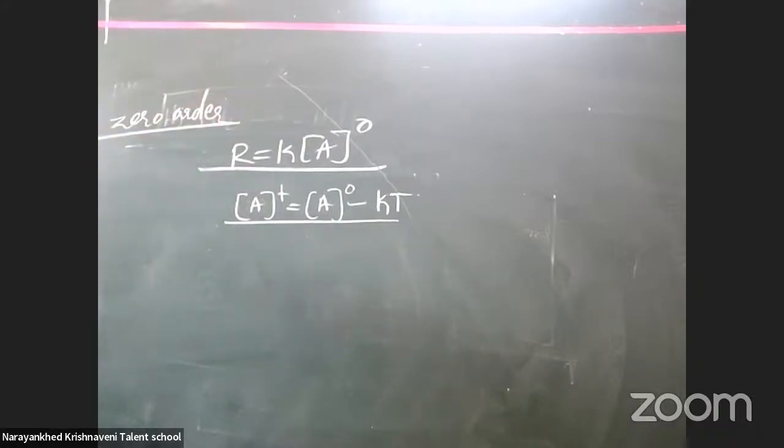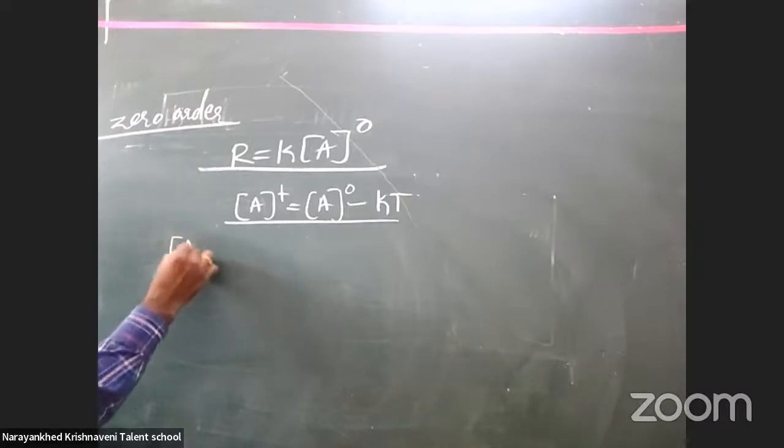Consider the next component, the time required for the reaction to be complete, that is the time at which the concentration of A is 0. Whatever the time required for the reaction to be complete becomes the ratio of the initial concentration to the rate constant.